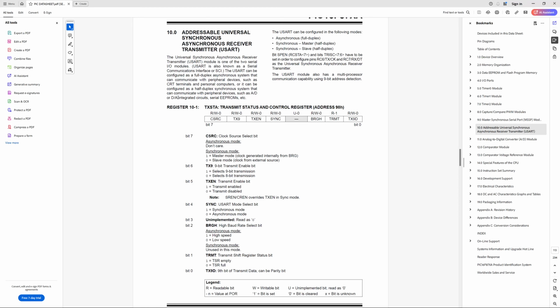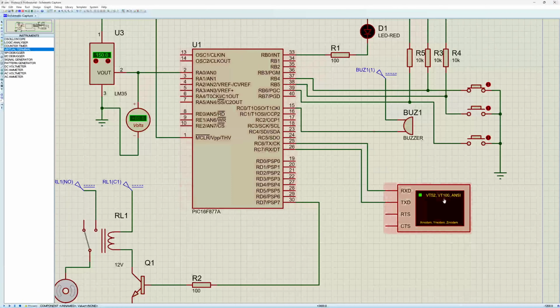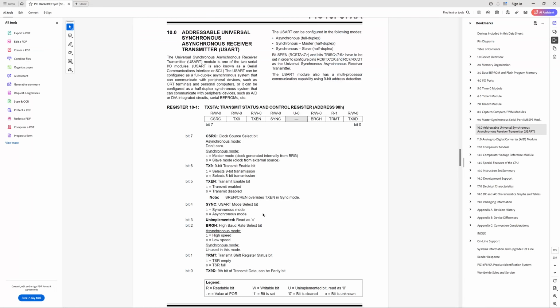Communication devices such as A to D, D to A, integrated circuits, serial ports: whichever peripheral uses TX and RX as its communication pins, you can interface with the PIC16F877A microcontroller.